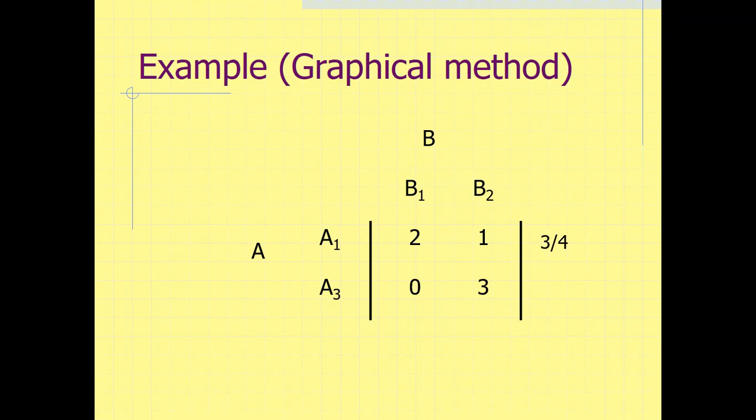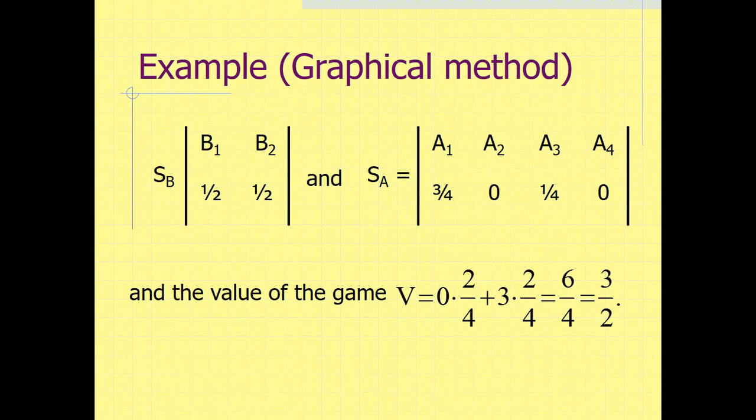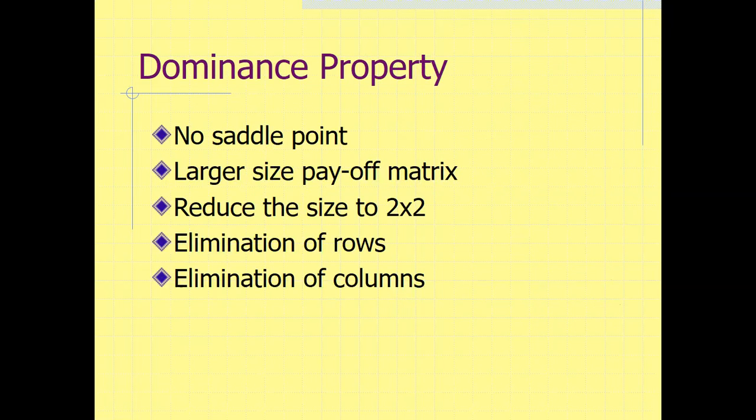Now finding probabilities using the shortcut method, the mixed strategies for the players B and A are these, and the value of the game is 3 by 2.